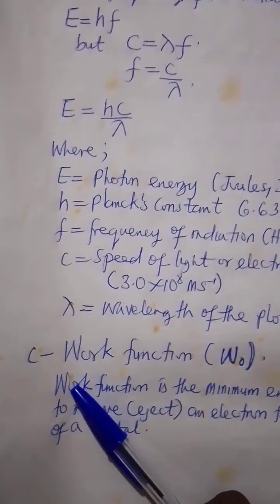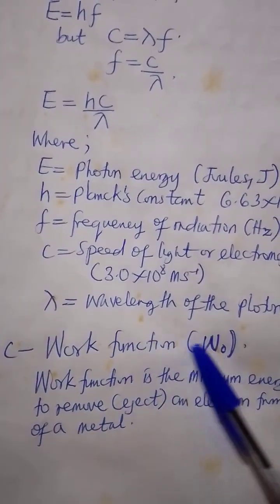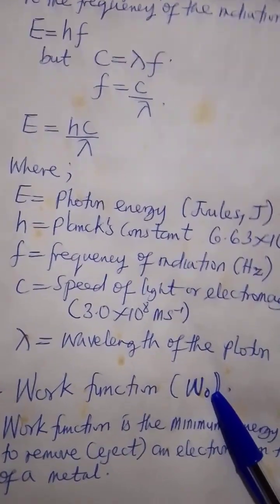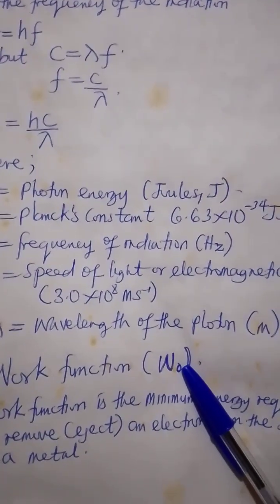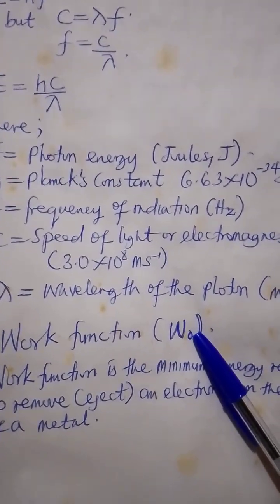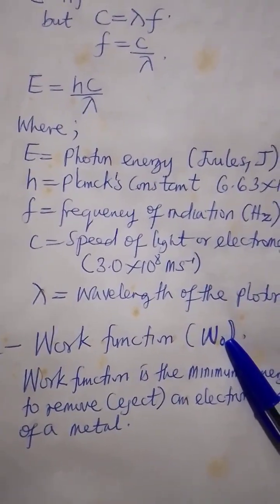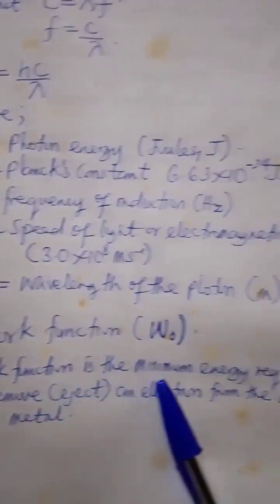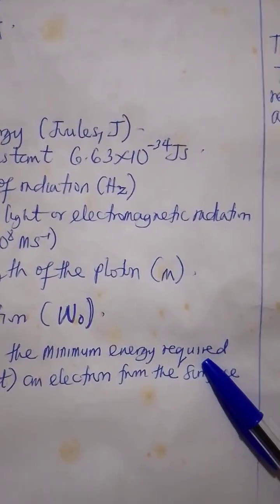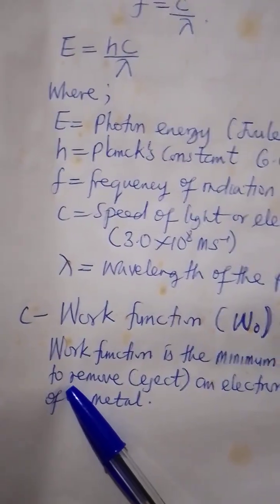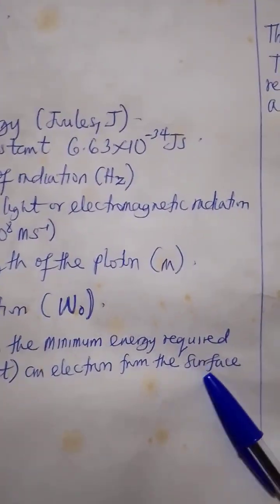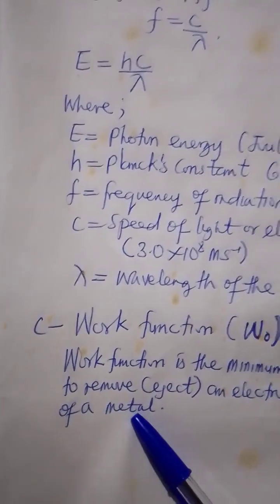The next term we want to look at is work function. The symbol for work function is W naught. We're using W naught for this lecture to represent work function. What then is work function? Work function is the minimum energy required to remove, eject an electron from the surface of a metal.